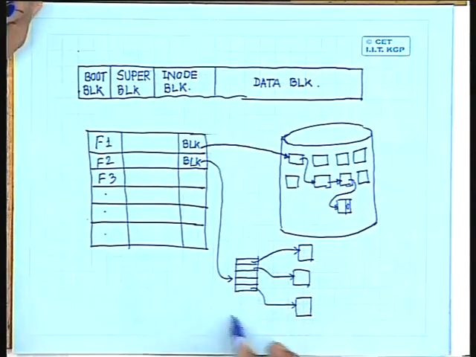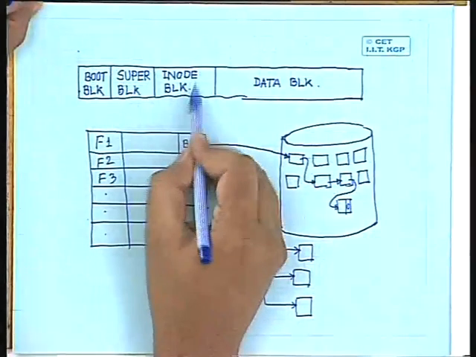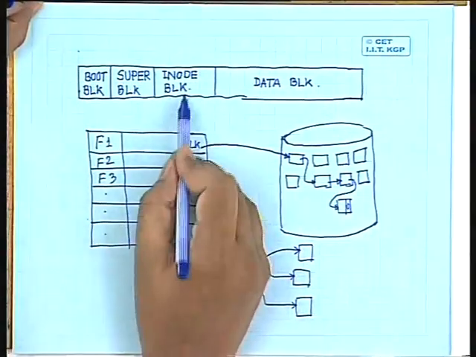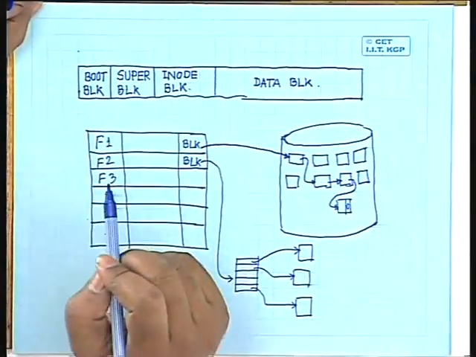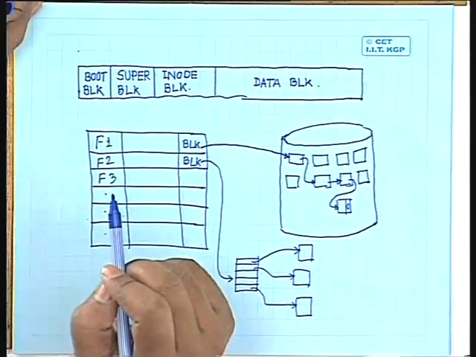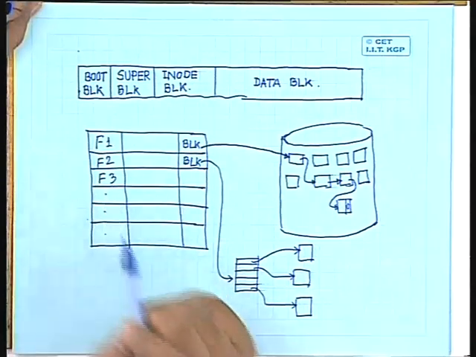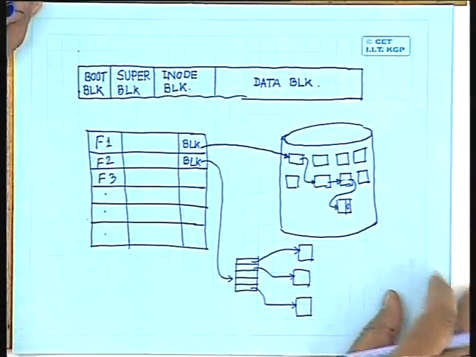And it is a modification of this second concept which is used in the Unix operating system. And there the file map table or file allocation table is contained in what is called an inode or index node. Okay. Now coming to what is an inode.